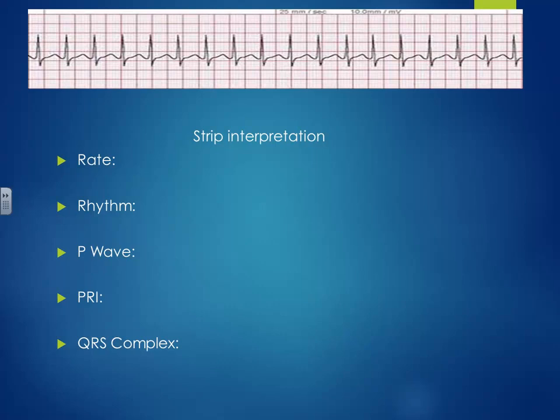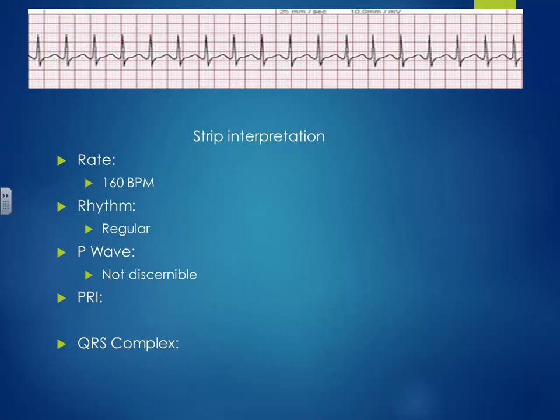All right. What's your rate? 180. I got 150 with the R to R. So 2 big blocks. If you do your 6-second method here, it's going to be 160. So 150, 160. Regular? P wave?